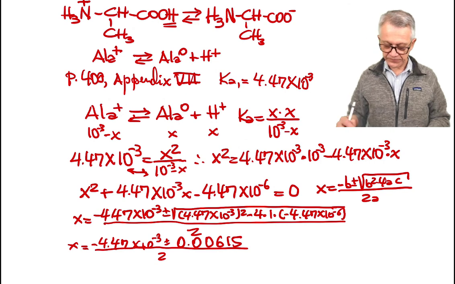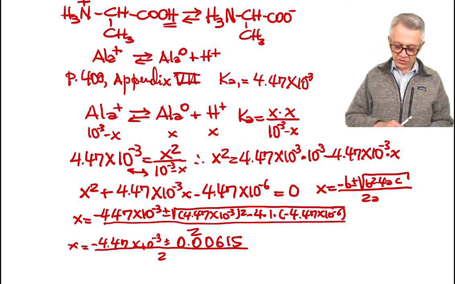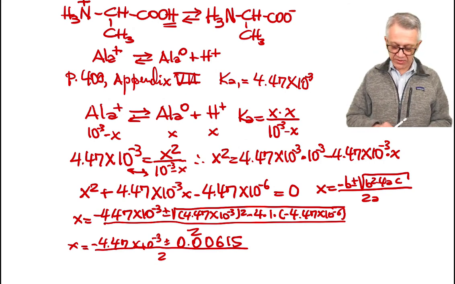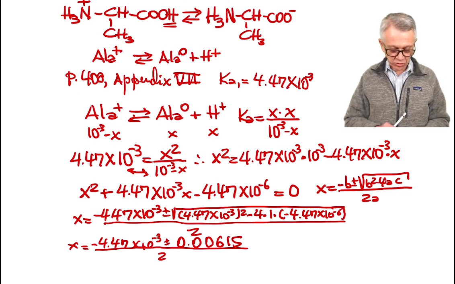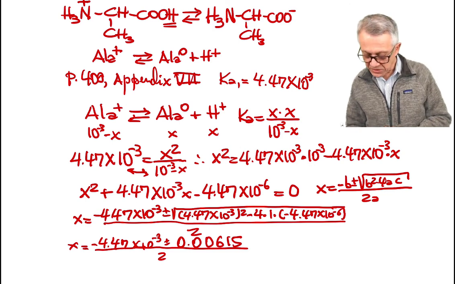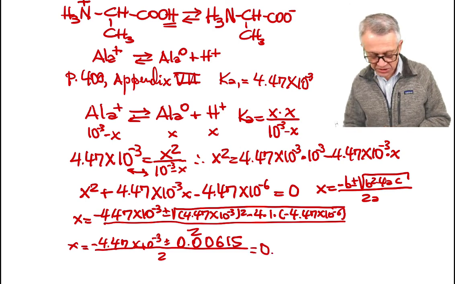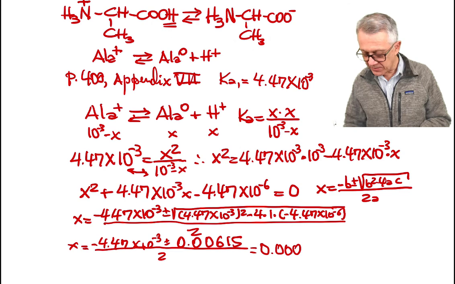It gives us 0.00615. Now we have 0.00615 minus 4.47 times 10 to the minus 3, change sign, 0.00168, and divide this by 2. It's going to give us 0.00084 molar.